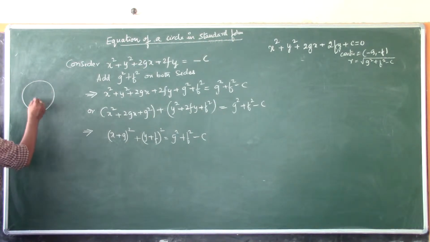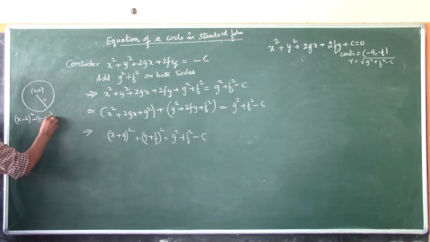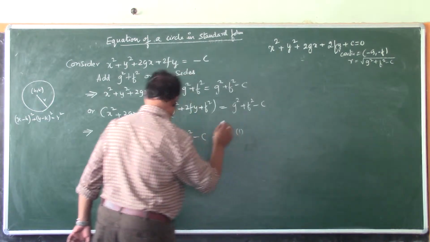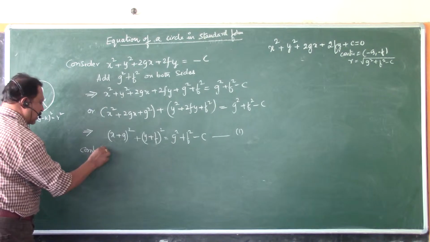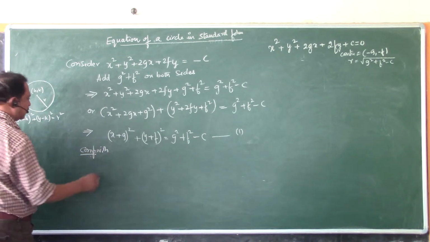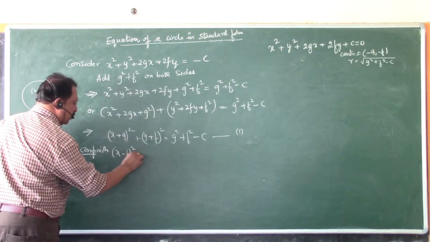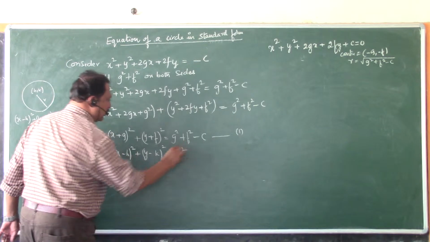We already know that if the center is at h comma k and radius is r, then the equation of such a circle is x minus h whole square plus y minus k whole square equals r square. I will call this equation 1, and now I compare this equation with this equation.